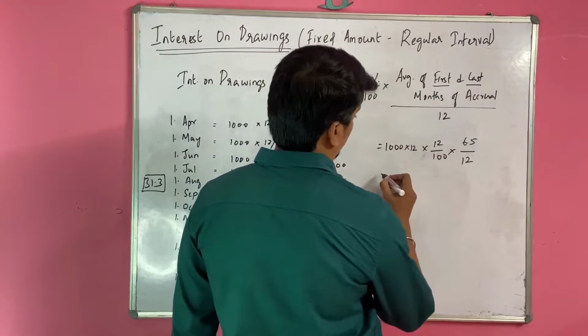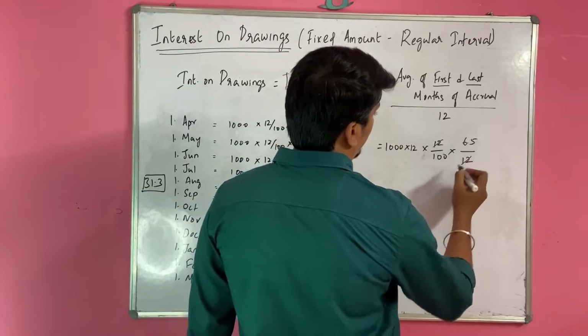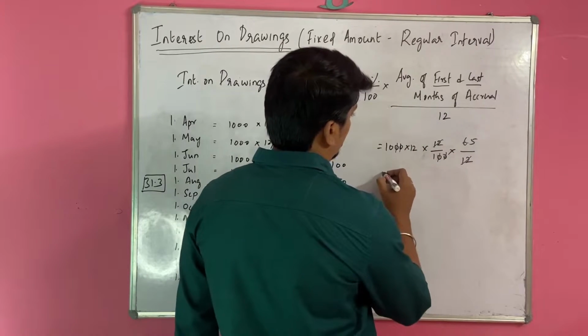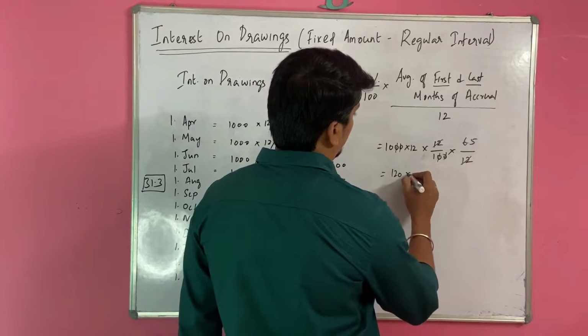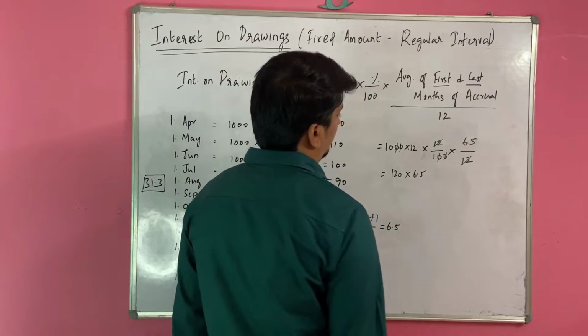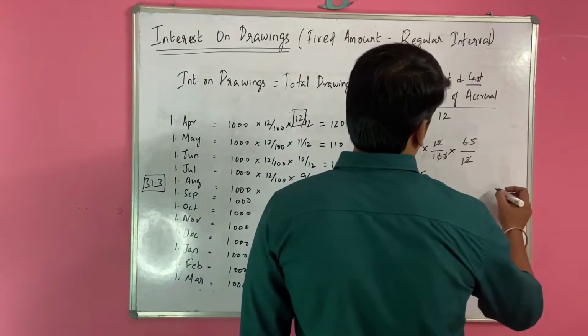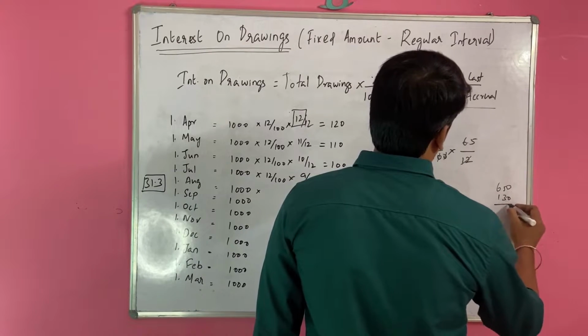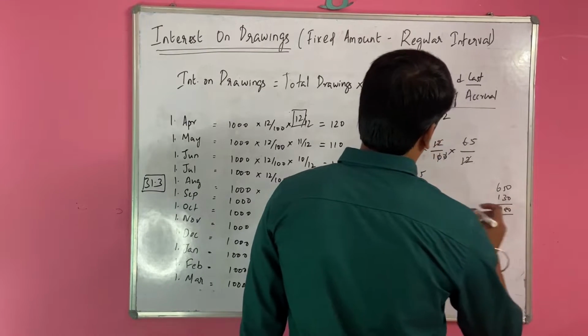Now simplify this one. This 12 and this 12 will get cancelled, and these 2 zeros and these 2 zeros will get cancelled, and it will be 120 into 6.5, which comes to 650 plus 130, 780.